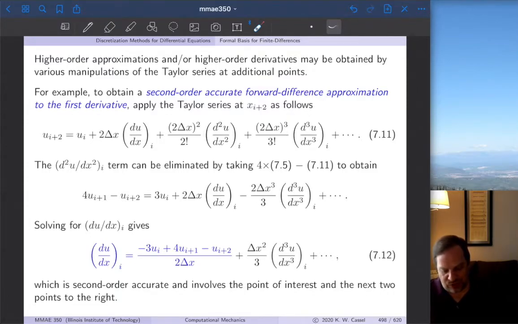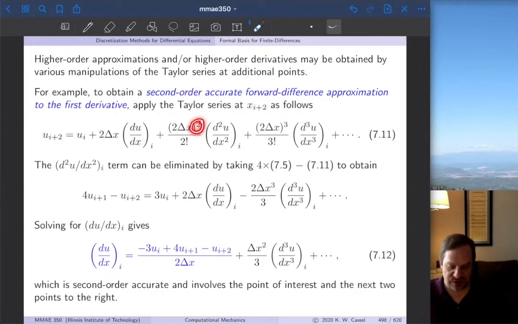Now, if you look at this, I want an approximation of the first derivative, but I want it to be second order accurate. So remember what happened last time. If you remember the procedure, I had this minus this divided by what's now 2 delta x. But the truncation error term, because I divide through by delta x, this became a delta x.